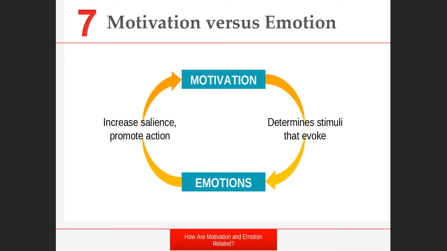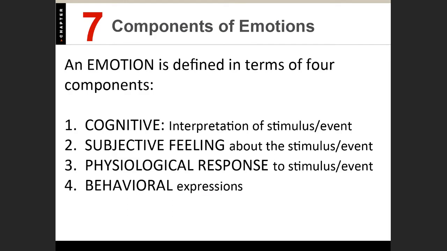So that involves quite a few things. So when you're trying to define what an emotion is, you have to look at all those components that were mentioned in that question.